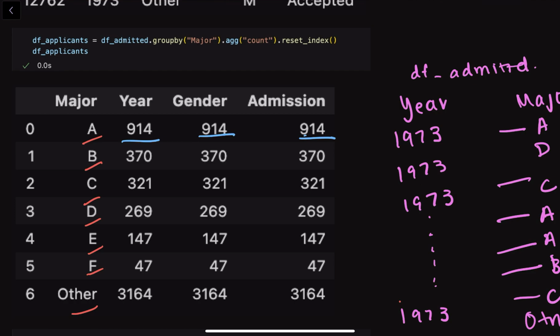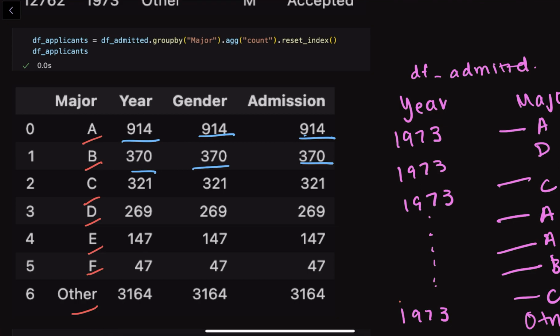So essentially what this means is that in our DF admitted, there were 914 rows with the major A. In our DF admitted, there were 370 rows with the major B, etc. And since DF admitted only had the people that were accepted into those majors, that means that 914 people got accepted into major A. So hopefully that makes a little bit more sense into why we're grouping by major and why we're aggregating by count.